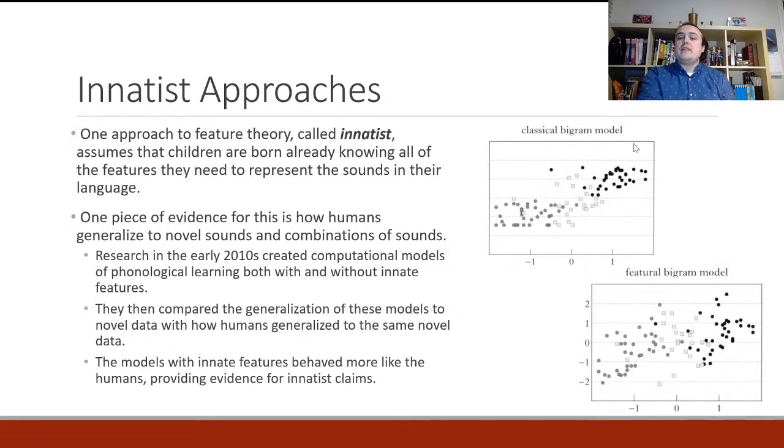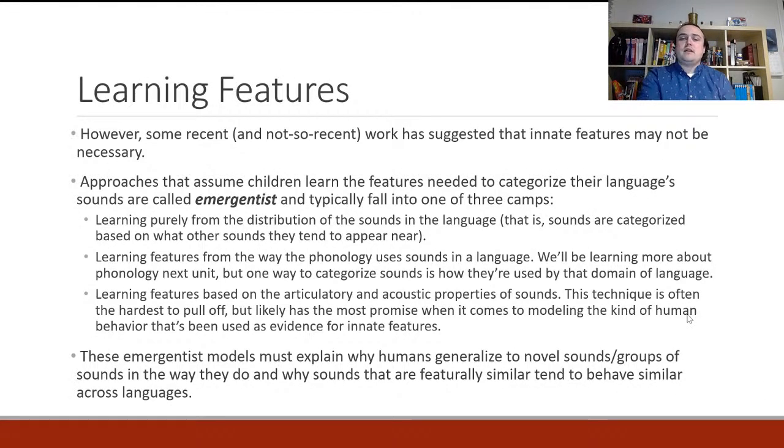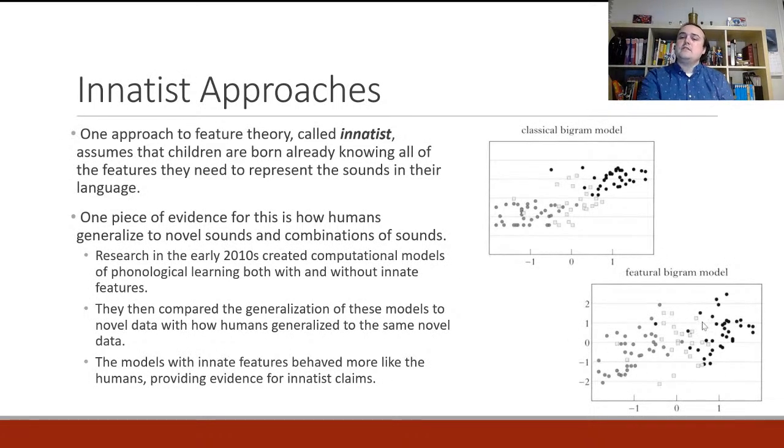I've got the model without innate features in this top figure, and the model with innate features on the bottom figure. And in these plots, I know the axis labels aren't quite here for us, but the x-axis is showing for each individual point, which represents one of those novel words, how a human felt about that word. They kind of judged them and told you how good that word sounded. For the y-axis, it's showing you how the model felt about that word. So how good did that word sound to the model?